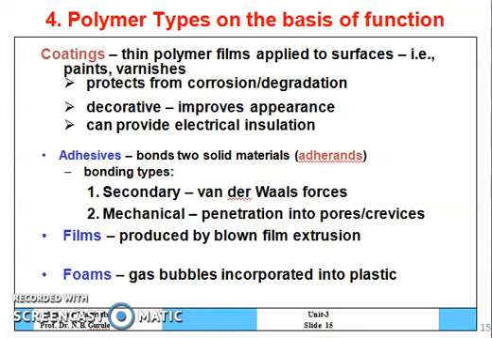Then we can have another form of polymer, that is film. These films are applied on different parts, and they are manufactured by the blown film extrusion process. Then another form of polymer is a foam. Gas bubbles are incorporated into the plastic material to form foams, and they are used for applications.